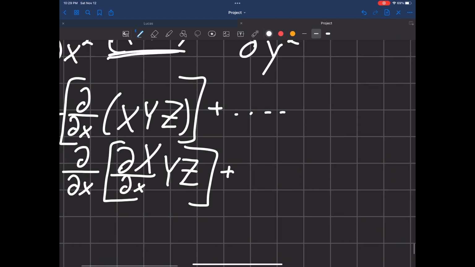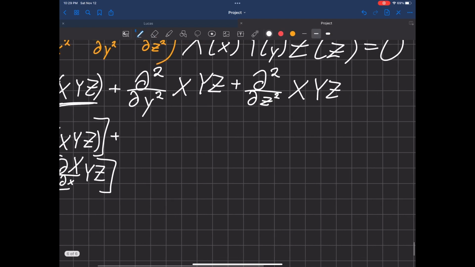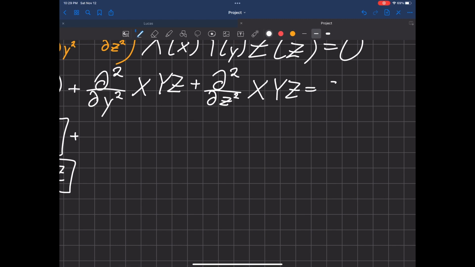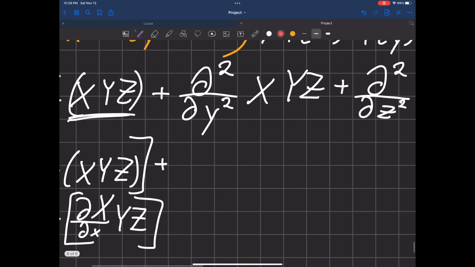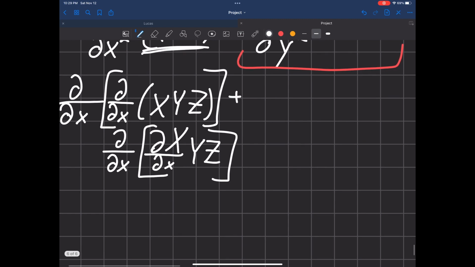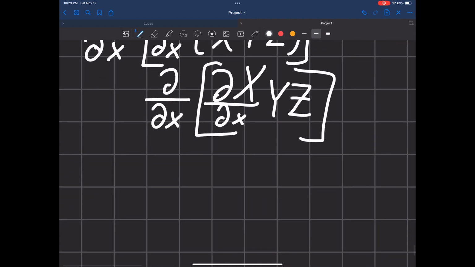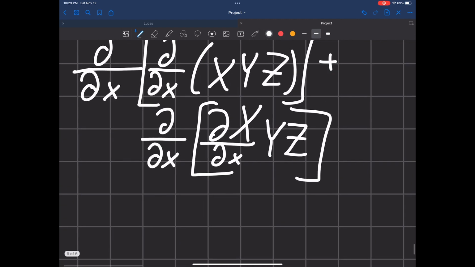Okay, let's do the other ones. I forgot to set this whole thing equal to 0. So next part, let's do this. It's the same kind of thing. Oh, I guess we haven't finished, my bad. Technically I haven't finished yet. So what happens when you take the second derivative? You already have this derivative here. You're going to do another one.